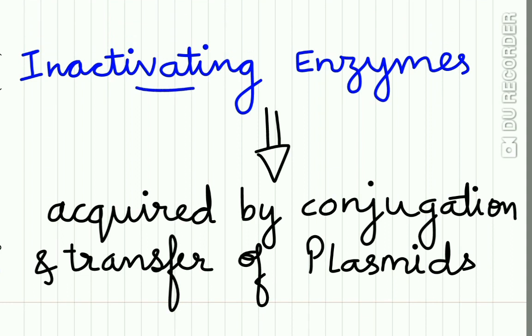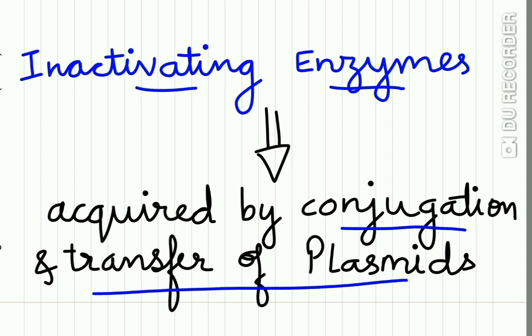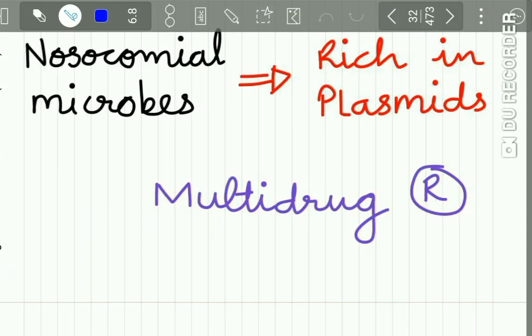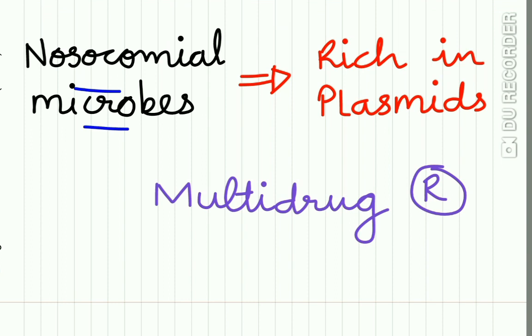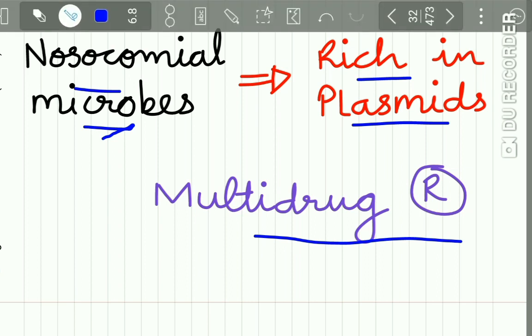Now, these inactivating enzymes are acquired by the bacteria by conjugation and transfer of plasmids. Nosocomial microbes, which are involved in hospital-acquired infection, are rich in such resistant plasmids. So, hospital-acquired infections are generally multi-drug resistant.